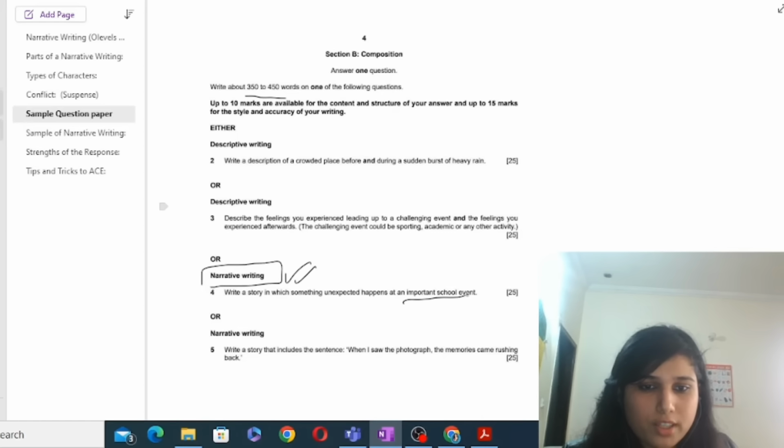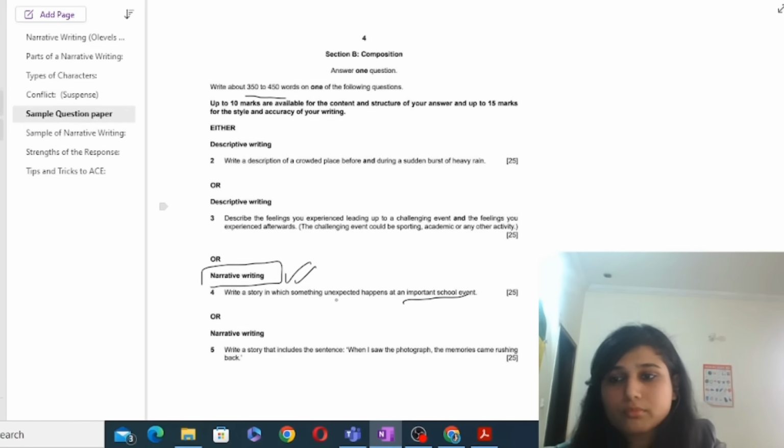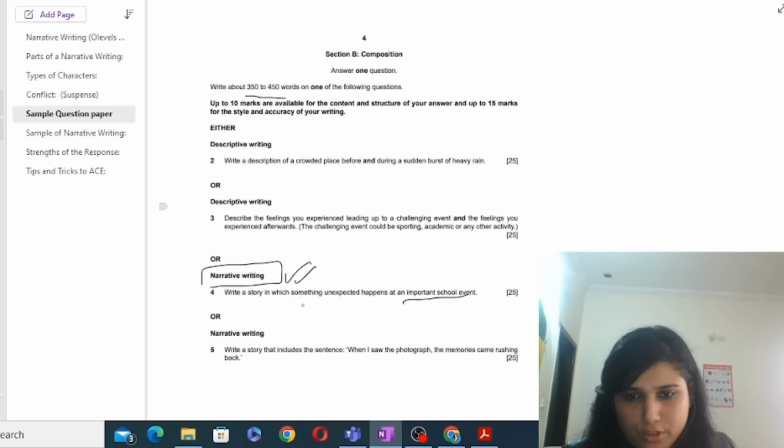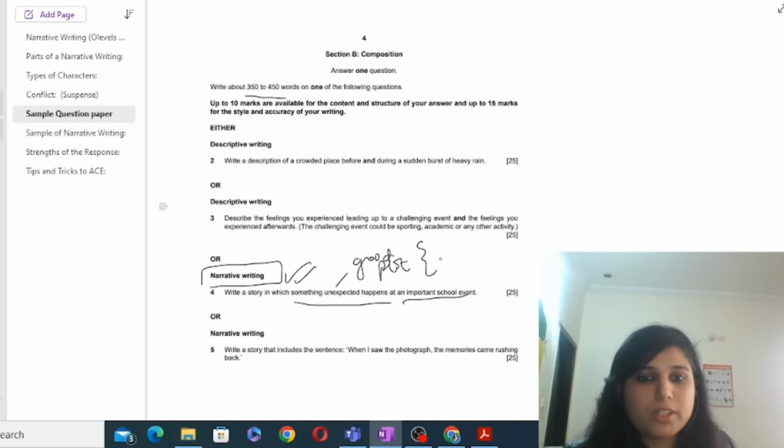Here we got the location, the place, the setting of the story automatically from the question. And something unexpected happens. Unexpected can create a very good plot, where you have to create something extremely unexpected by adding up the suspense.